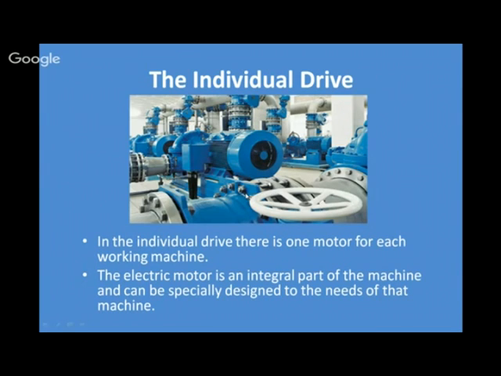For example, we have pumps, blowers, and fans. So we can use different types of motors for different types of applications, and each motor will be performing only the specified work for which it is designed. So it is better than the group type of drives.